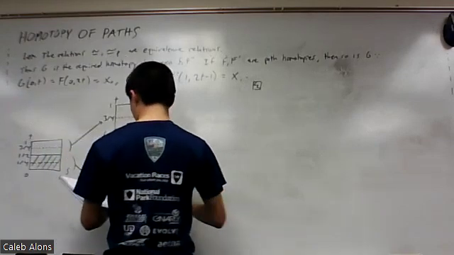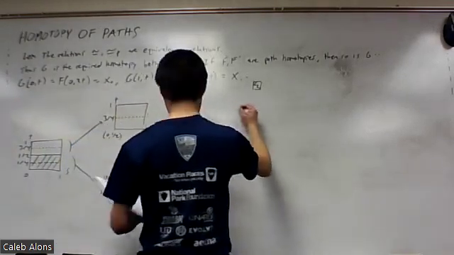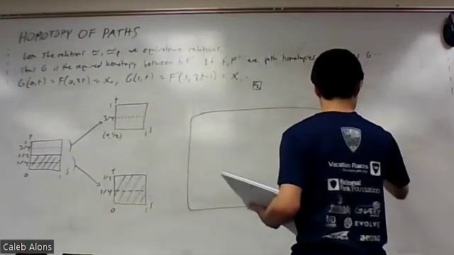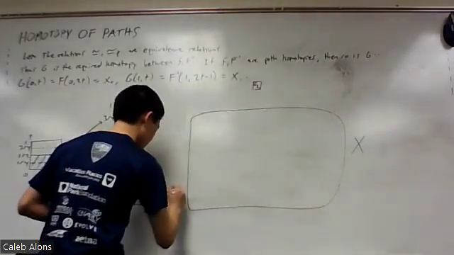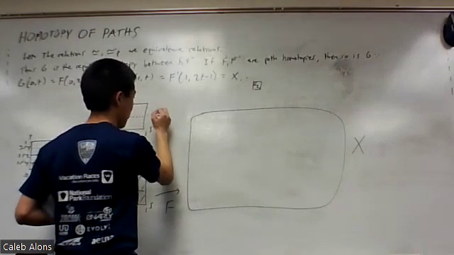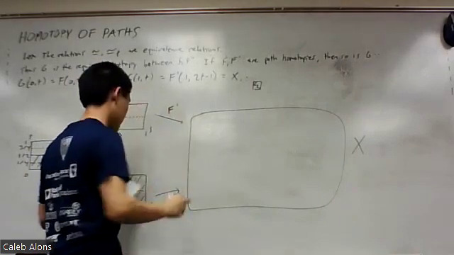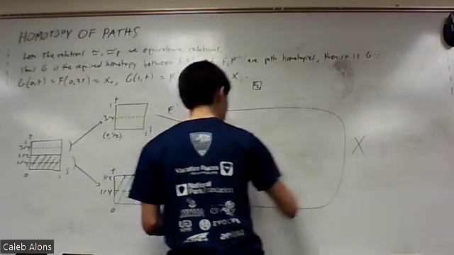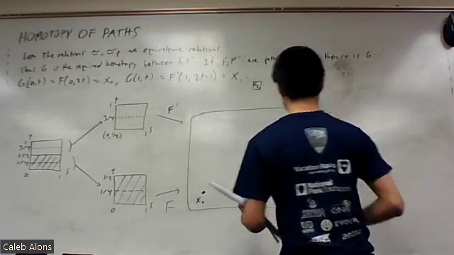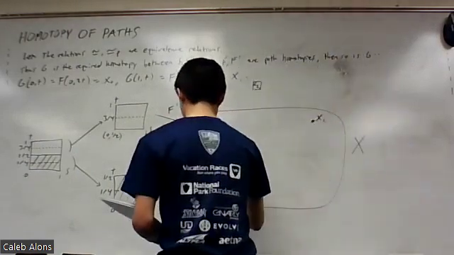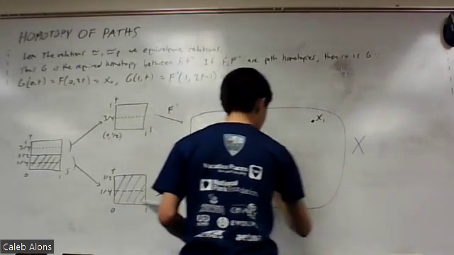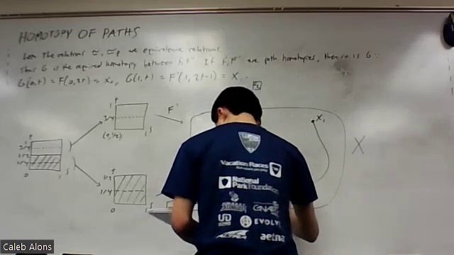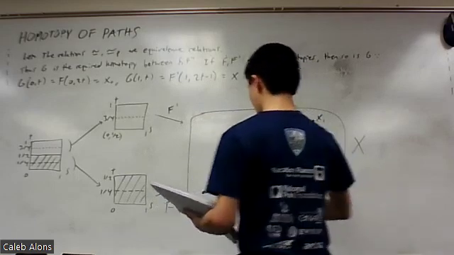Now, when we come back to our space X, we have F, the path homotopy, and F prime as a path homotopy. Here is x naught, here is our ending point. That first path is F of x at the initial t.